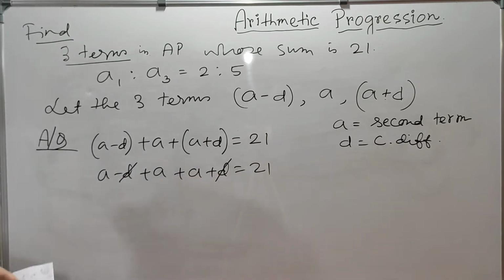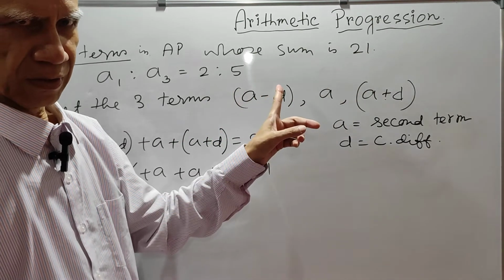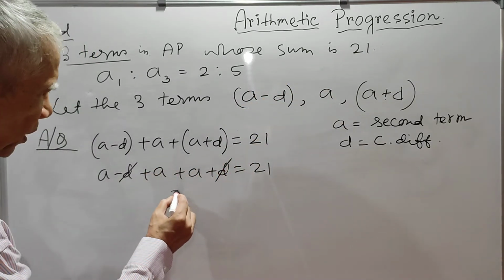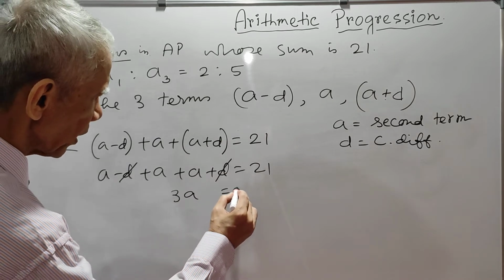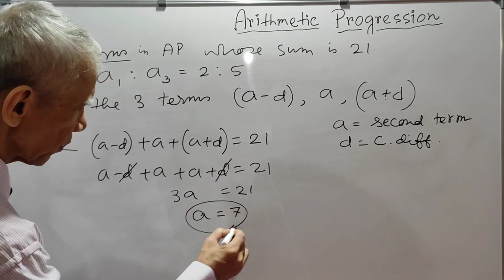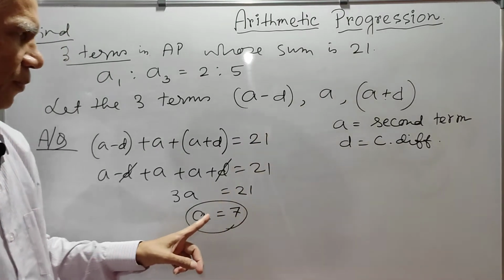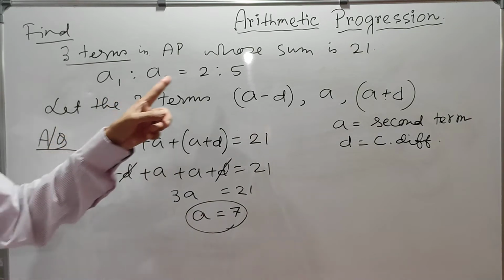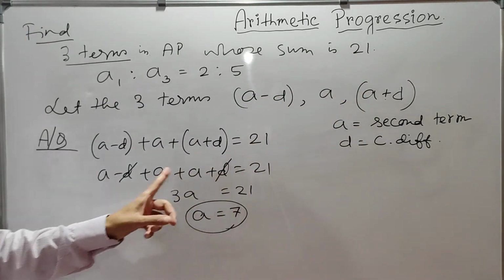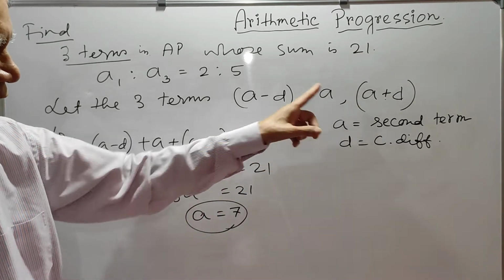This is the advantage. If you take it like this, A and D, then when you add, D cancels, so what remains? Thrice A equal to 21. So directly we get the value of A as 7. So quickly we got the second term A.